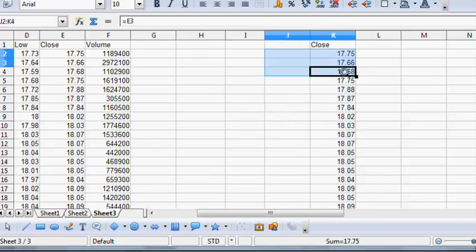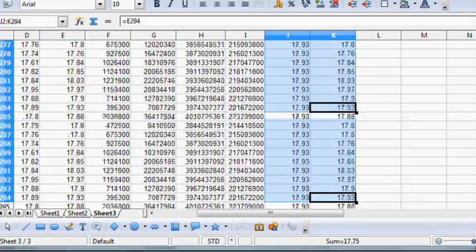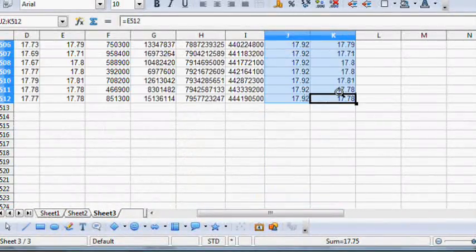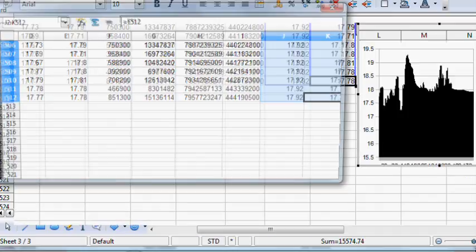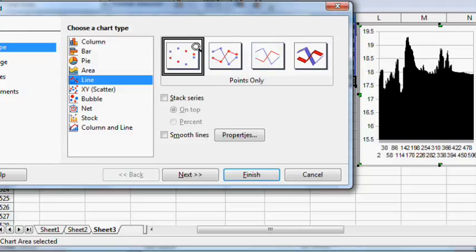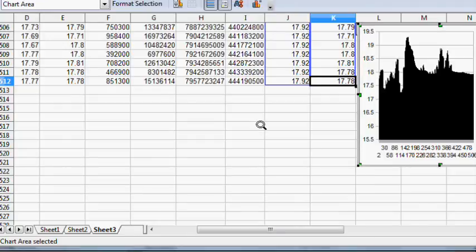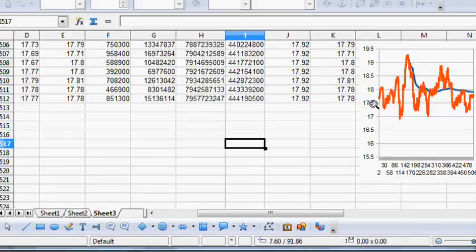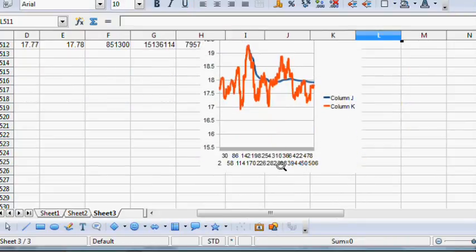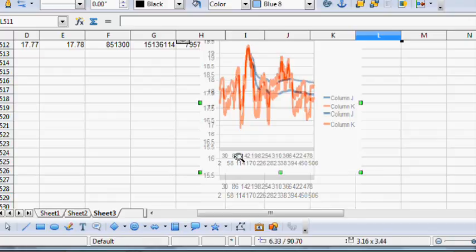We'll take columns J and K, which have the VWAP and the price history, and make a chart on the spreadsheet. We are obviously below that weighted average, but it's getting very close. Now we've got a little chart here, and we make the chart a bit bigger.